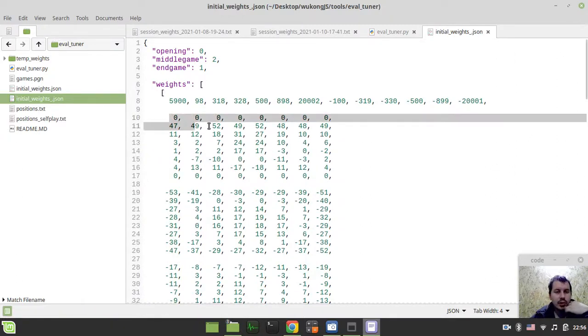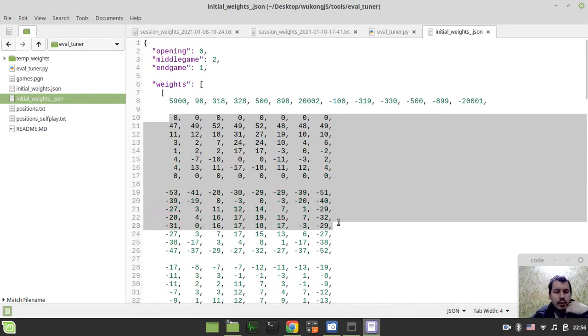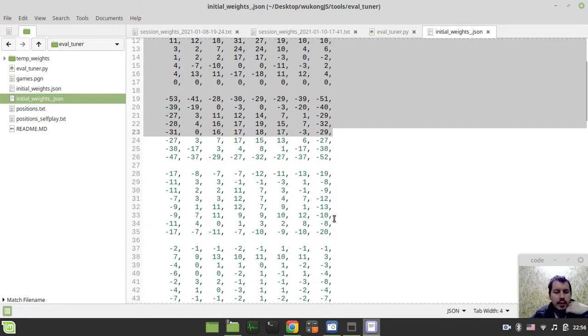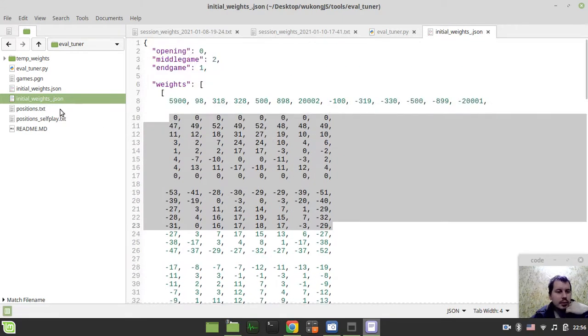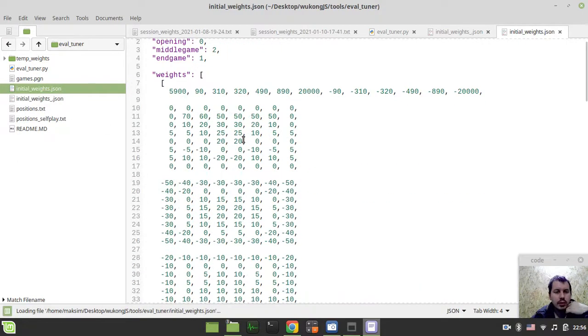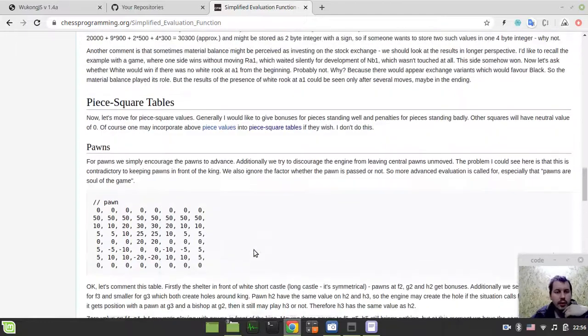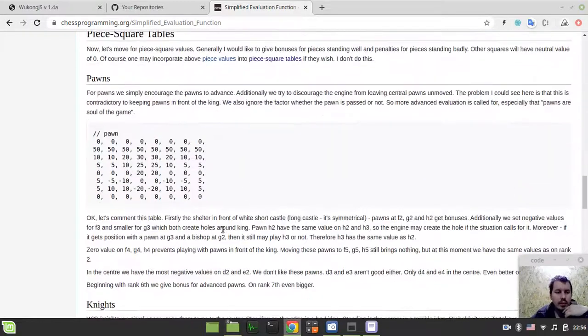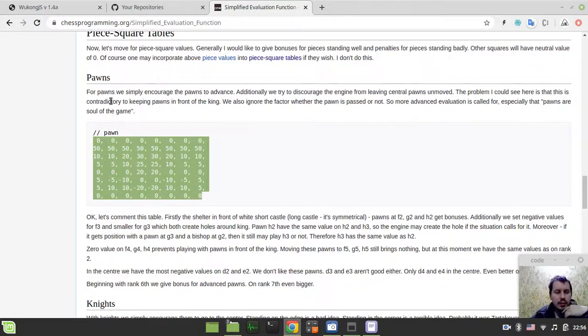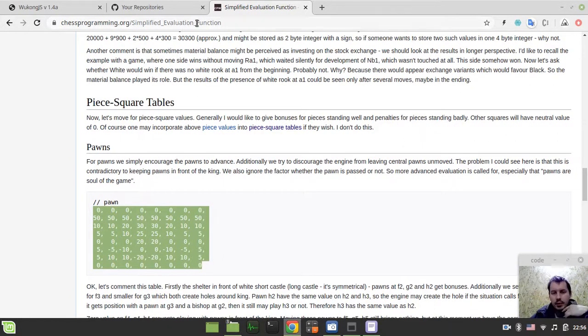Well, it's actually not the most initial weights. It's already after a couple of stages, apparently non-successful ones. Okay, what about the initial weights? Yeah, I just want to show you this little example. Have a look at the pawn table of the simplified evaluation by Tomasz Michniewski.